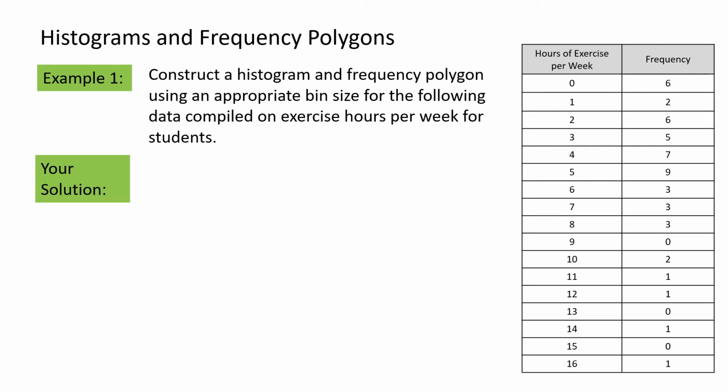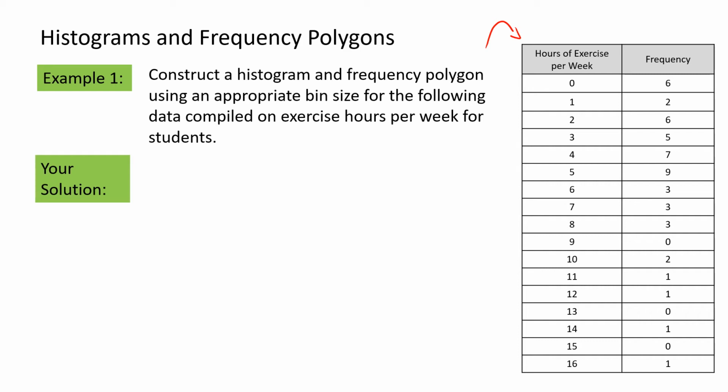This is going to be doing this by hand. Again, we'll go over it in Excel, just so you do it automatically. But what I want to do is I want to construct a histogram and a frequency polygon using an appropriate bin size for the following data that sits over here, on exercise hours per week for students. Okay, so when you look at this question, there isn't like an aha moment and you have a bin size.